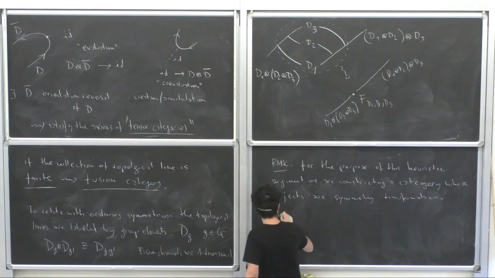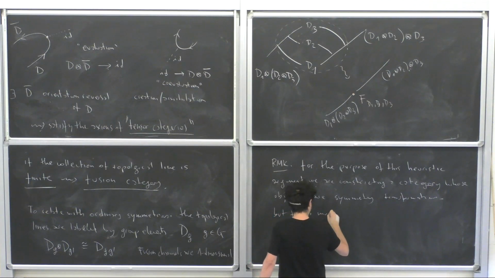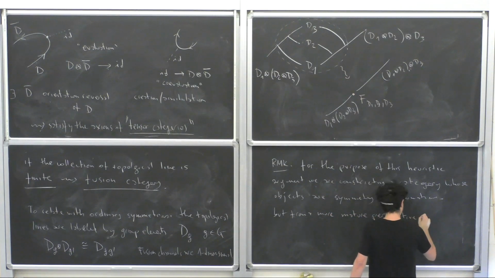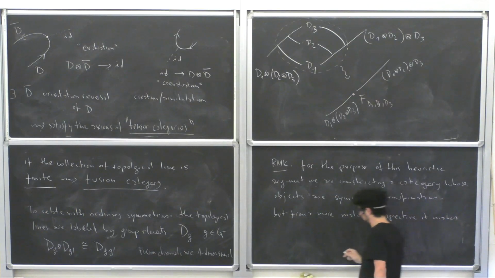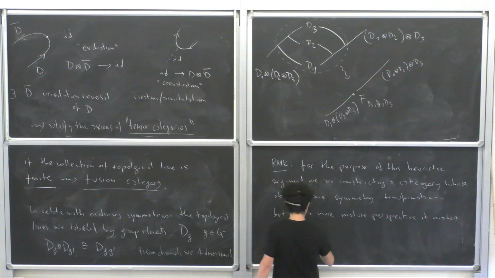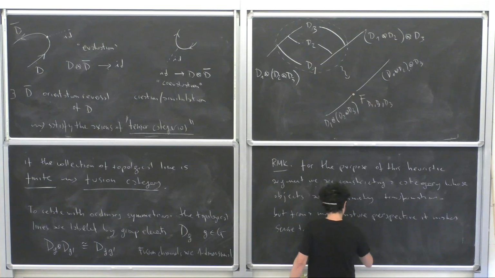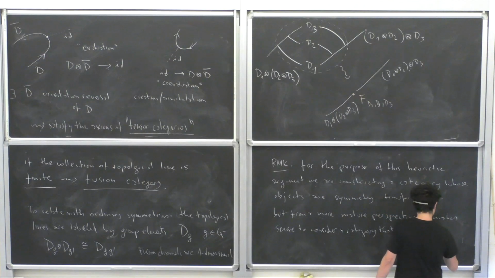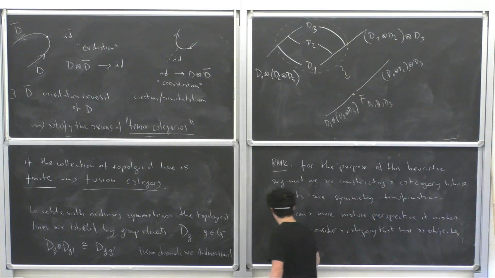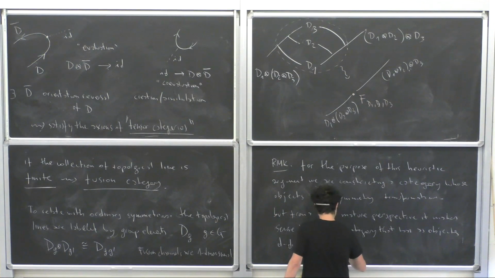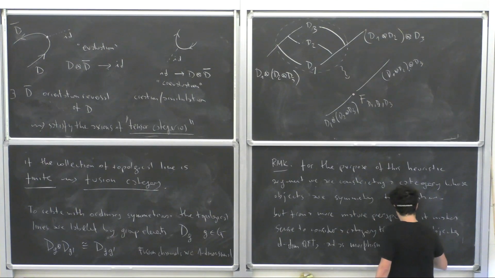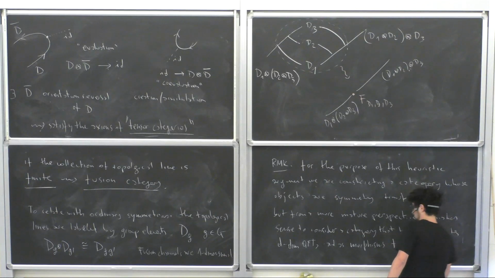But from a mature perspective, to consider a category that has as objects d-dimensional quantum field theories and as morphisms topological interfaces between them, no?